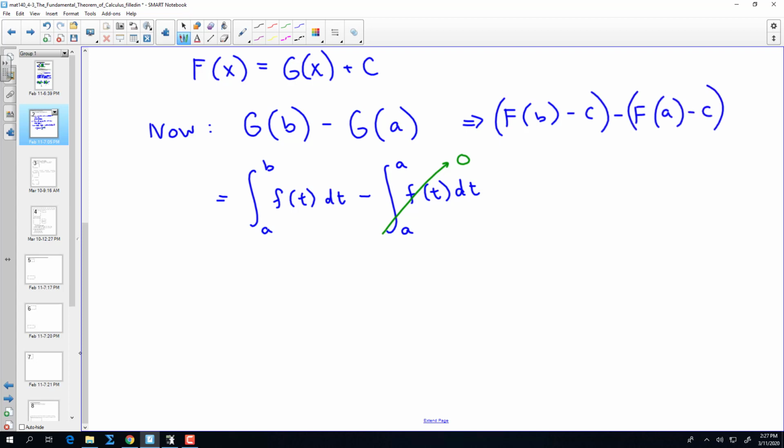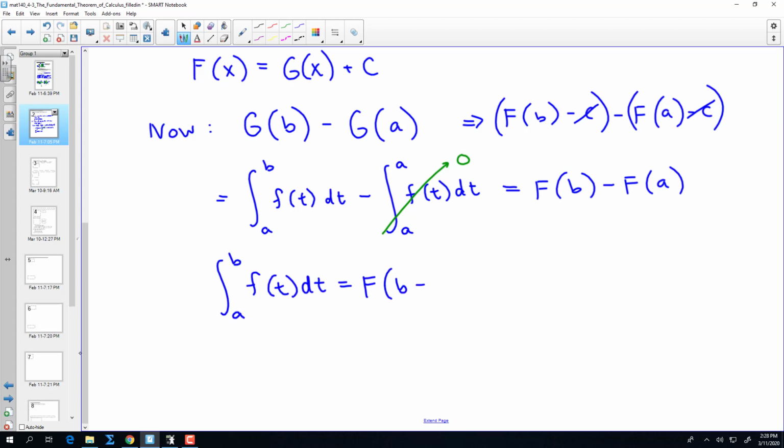All right, so the negative distributes and allows me to cancel out this c. So since g of b minus g of a is equal to what I just established, and what I said a second ago, we have the integral from a to b of f of t dt is equal to F of b minus F of a. And that proves the fundamental theorem.